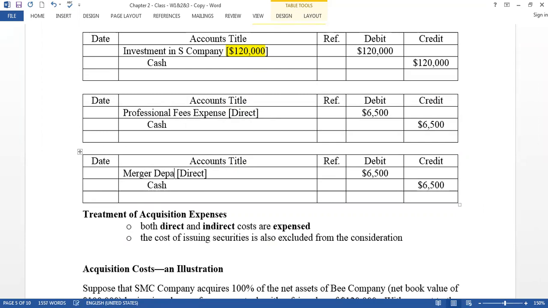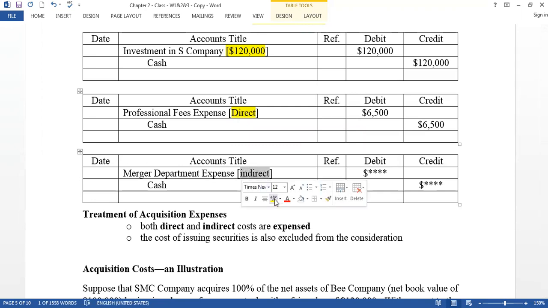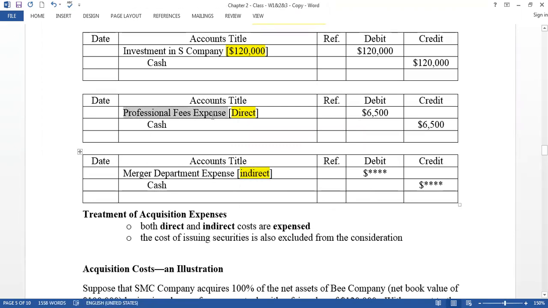It is called indirect. So these two examples: one is a direct expense for the acquisition, and the other is an indirect expense for the acquisition. The example of direct is professional fees expense or brokerage fees expense, and merger department expense is indirect.